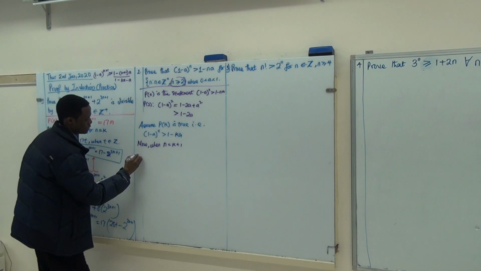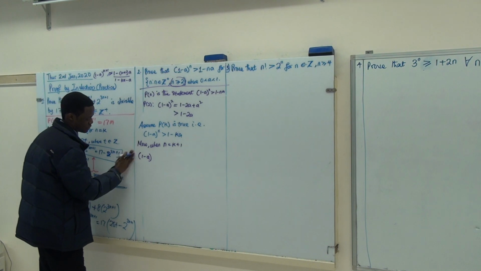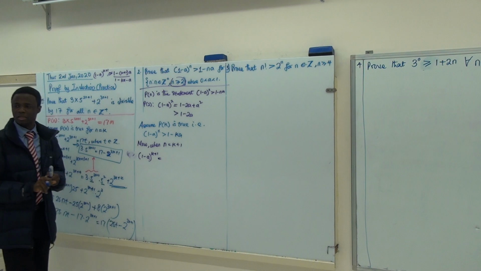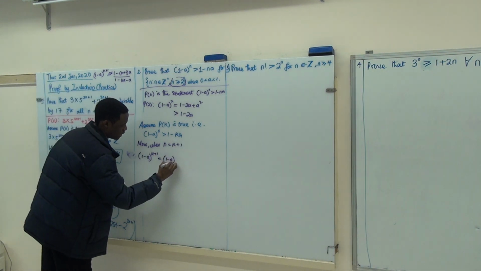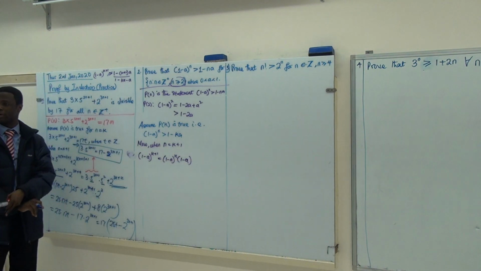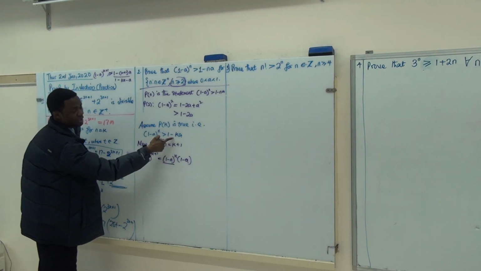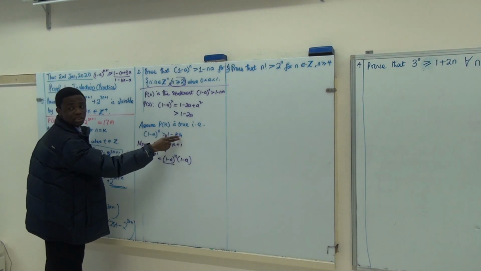So I start with the left-hand side, of course. So I don't need to put that. (1 minus a) to power k plus 1 is equal to (1 minus a) to power k, then (1 minus a) to power 1. Agree? Now, this already is greater than this. This is greater than this.